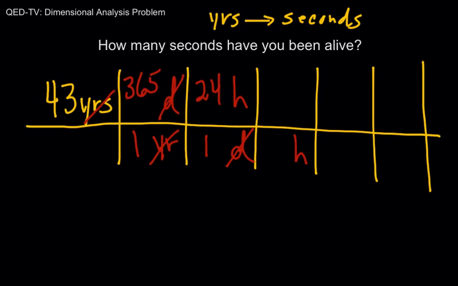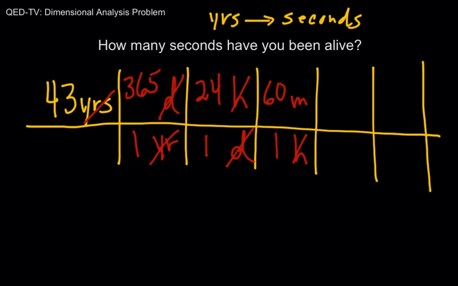I happen to know that. I don't know if you do or not, so I won't do it right now. I'll break this down even further, and we'll go to minutes. So I'll put minutes on the top, and I know that there are 60 minutes in 1 hour. If you knew how many seconds there were in an hour, you could have put seconds there on the top, and then you'd be done.